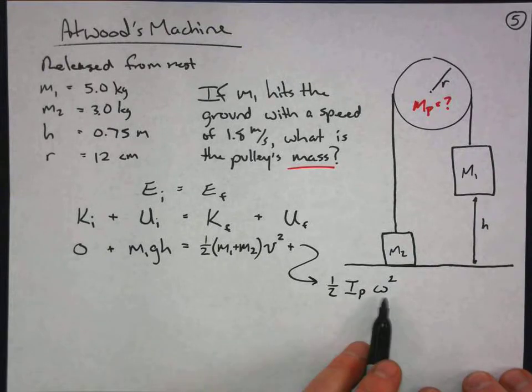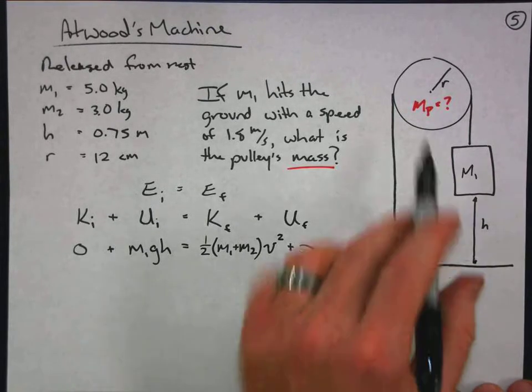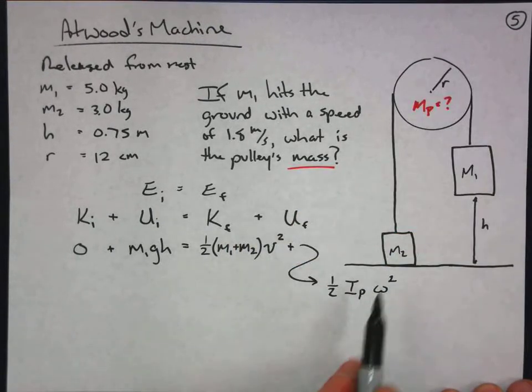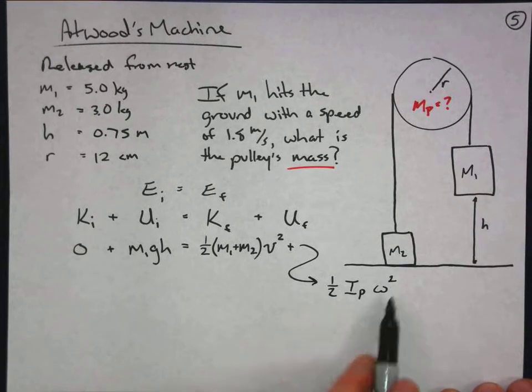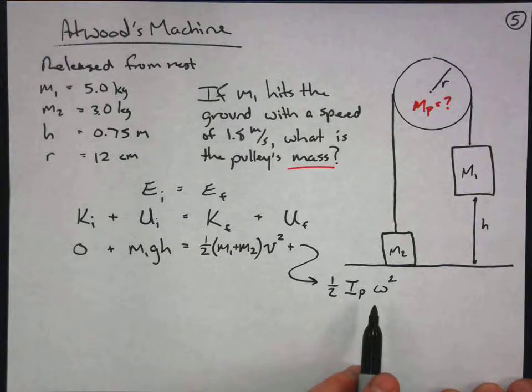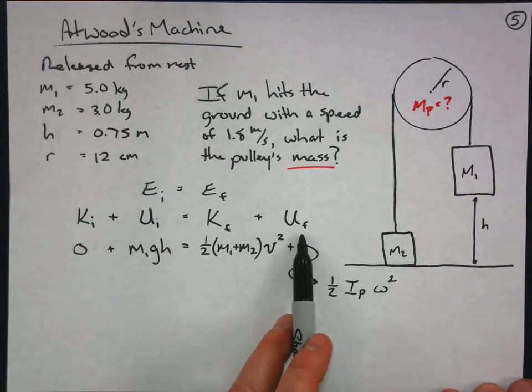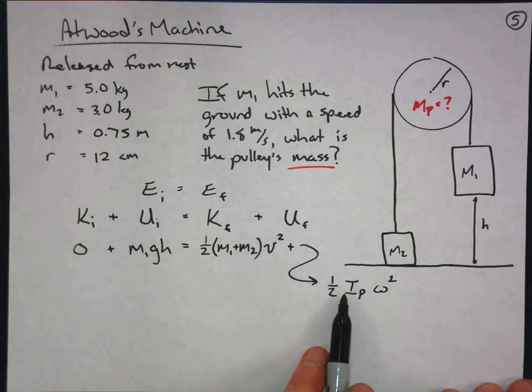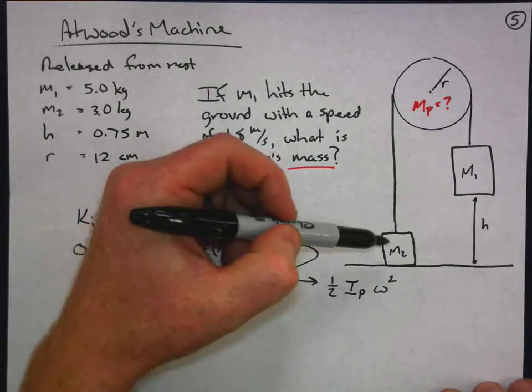All right, so that's kinetic energy of a rotating object. Cool. The pulley is not translating anywhere, so there's no extra bit to this kinetic energy. That's it. But finally, there is some potential energy. I have 3 terms of kinetic, and I have potential. M2 will end up higher.